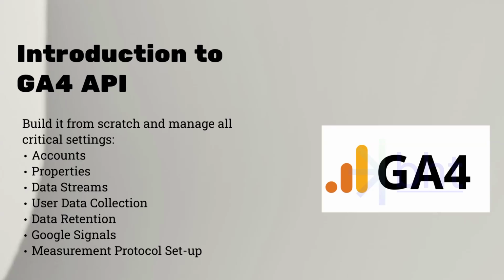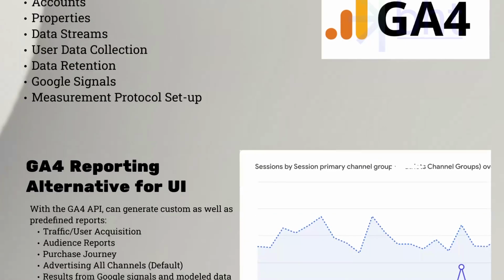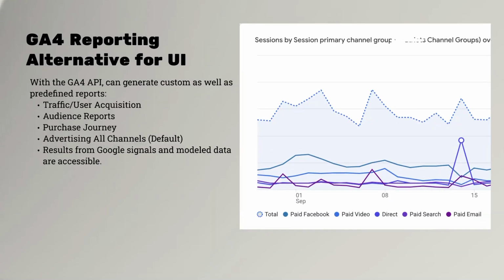Google Signals, being able to turn that on or off, whatever you need to do. Setting up, creating the measurement protocol secret even, not just choosing the basics, but also getting deeper into the full range of what is needed for a setup. This is really powerful stuff.